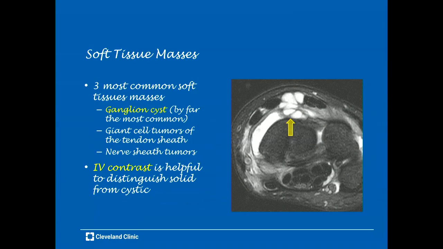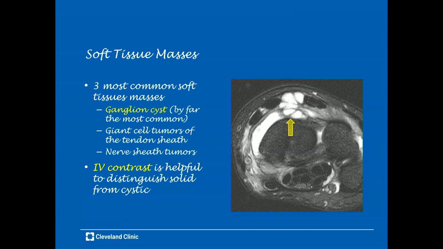Another common indication for a wrist MRI is to identify and characterize soft tissue masses around the wrist. The most common soft tissue masses one encounters in the wrist are ganglion cysts and giant cell tumors and nerve sheath tumors. Ganglion cysts are by far the most common soft tissue mass in the wrist.